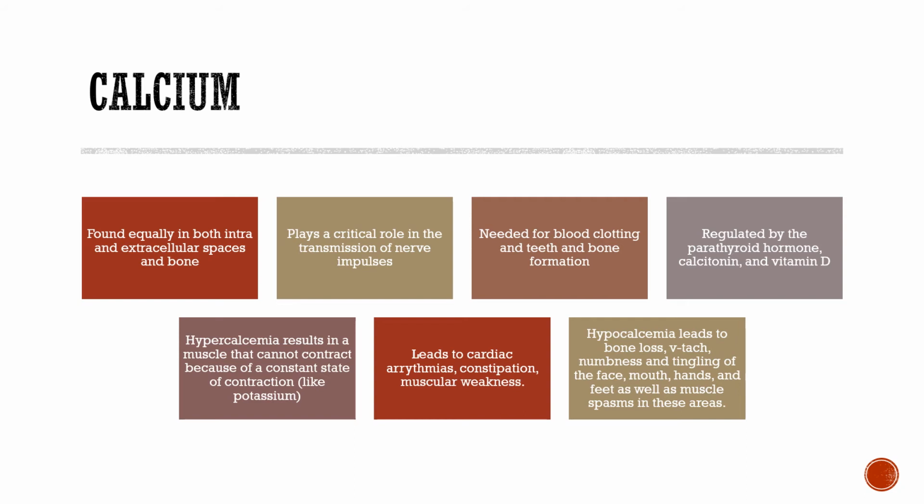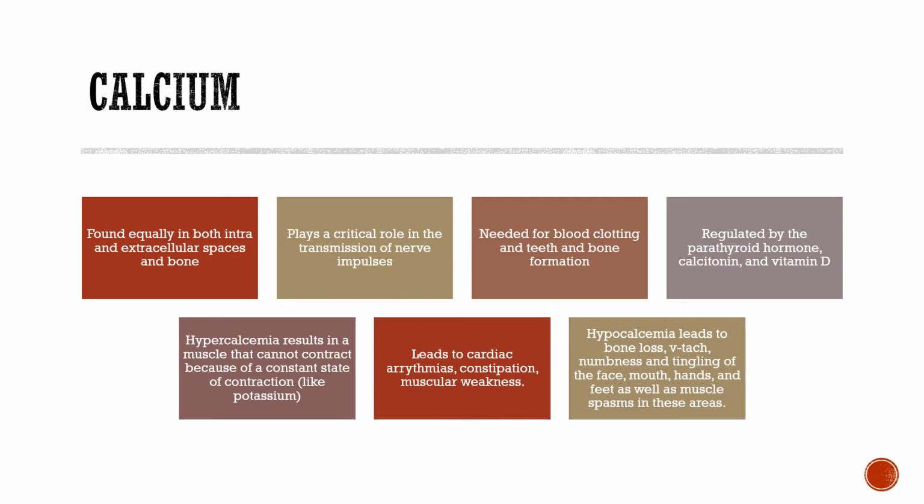It does affect cardiac muscle. It's needed for blood clotting and teeth and bone formation. It is regulated by the parathyroid hormone, by calcitonin, and it has a relationship with vitamin D. We'll talk about vitamin D in a few more slides, but calcium needs vitamin D to be absorbed by the body.